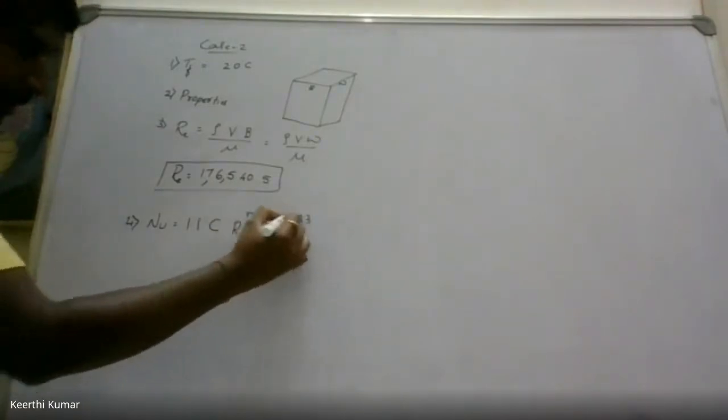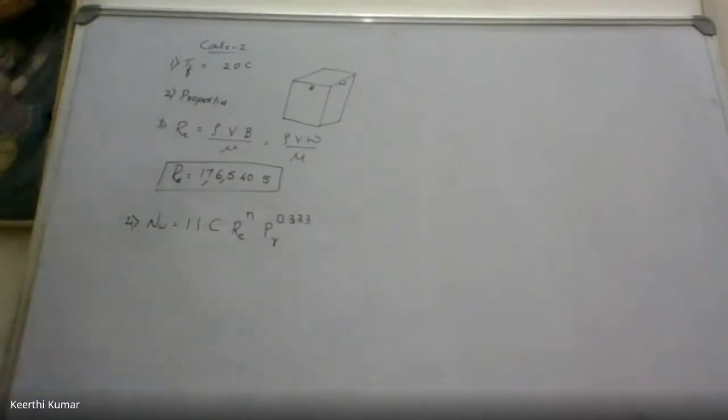So how to get the values of C and N? That is also given there only. You check out the values of C and N, available on page number 118. You go to page number 118 and check out the different configurations. Now the configuration is square for us. So for the square configuration, can you tell what is C and the value of N from page number 118?